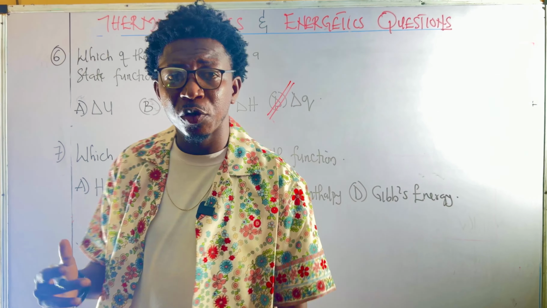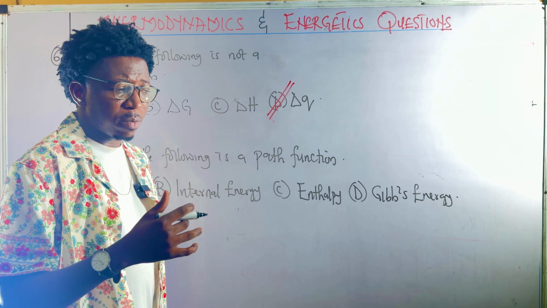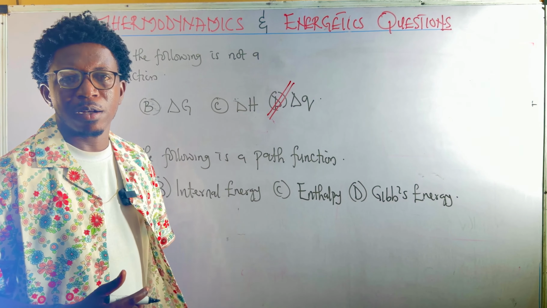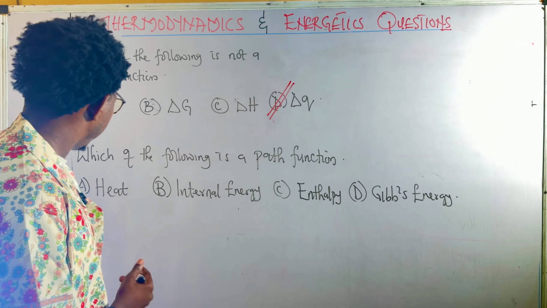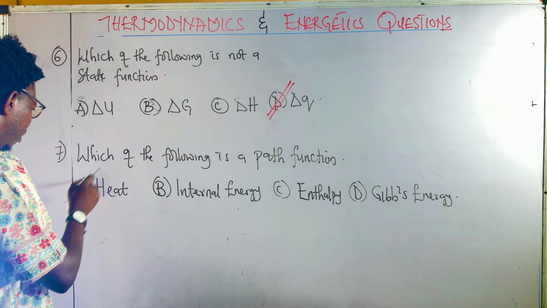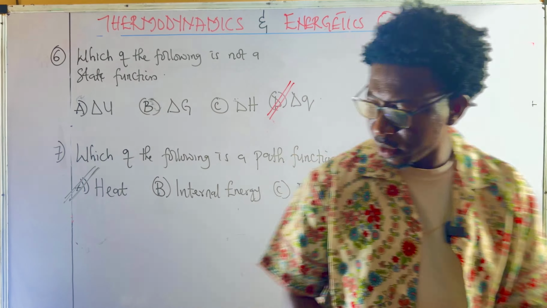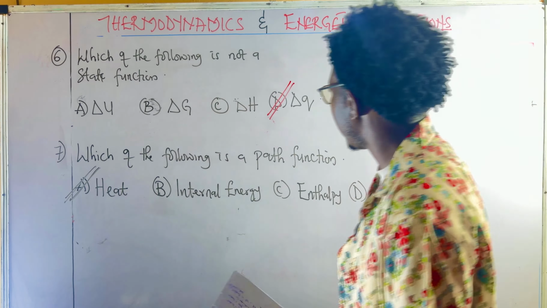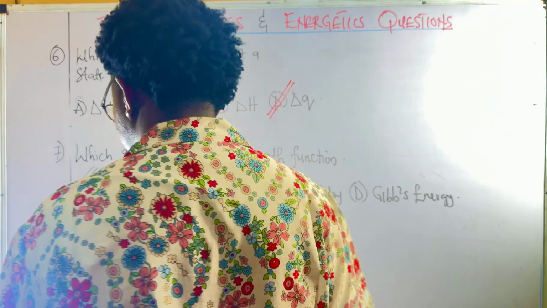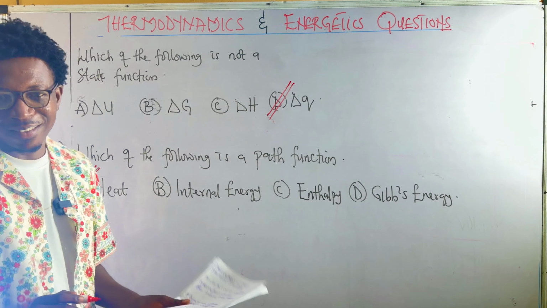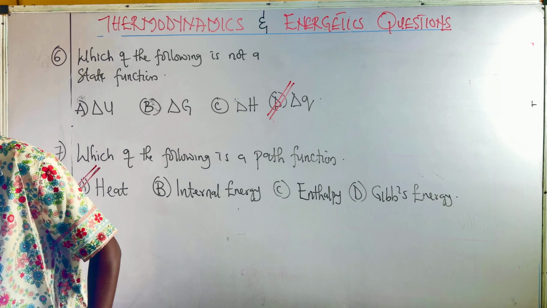Like I said, a state function is any property of a system that depends on the initial and final state of the system. So this is a path function. Hope it is very clear. Let's highlight it with our red pen.